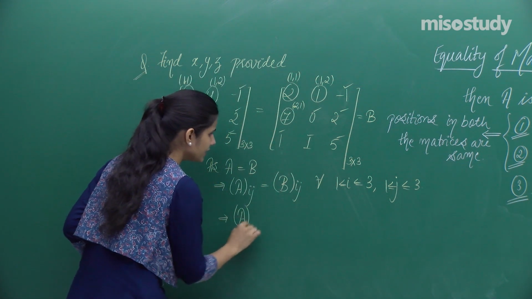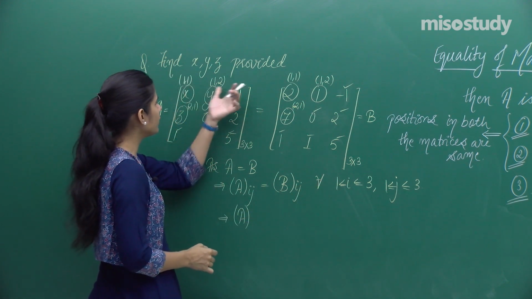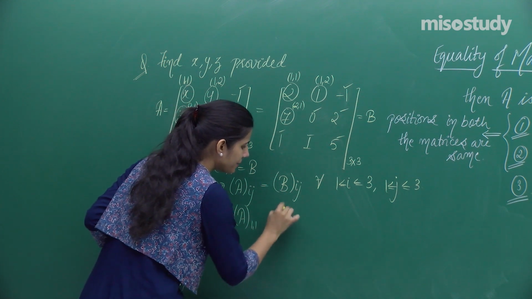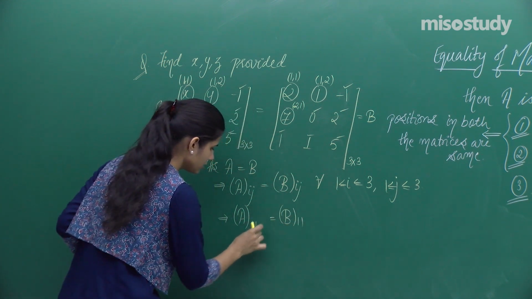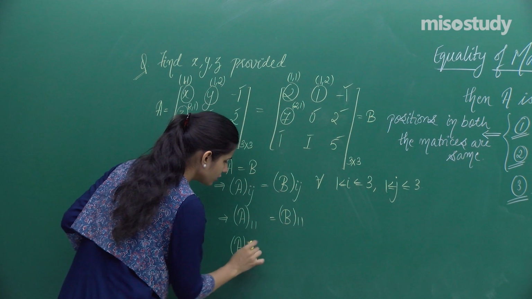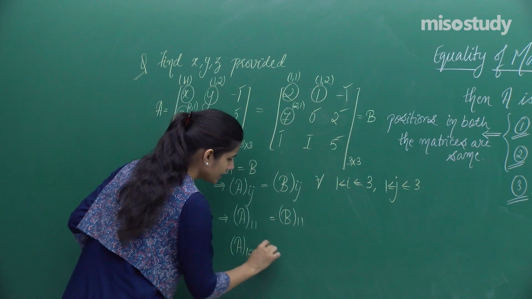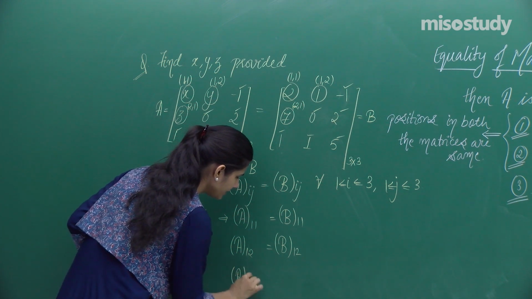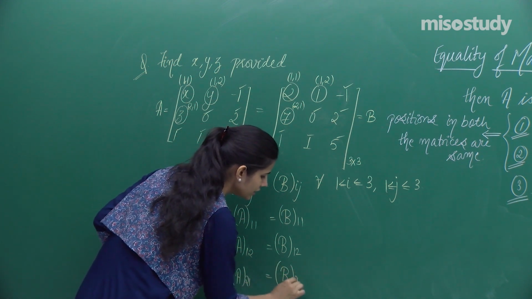This means if it is true for every ij, it is true for 1 1th, 1 2th and 2 1th. So, capital A's 1 1th element is equal to capital B's 1 1th element. Capital A's 1 2th element is equal to capital B's 1 2th element, and capital A's 2 1th element is equal to capital B's 2 1th element.